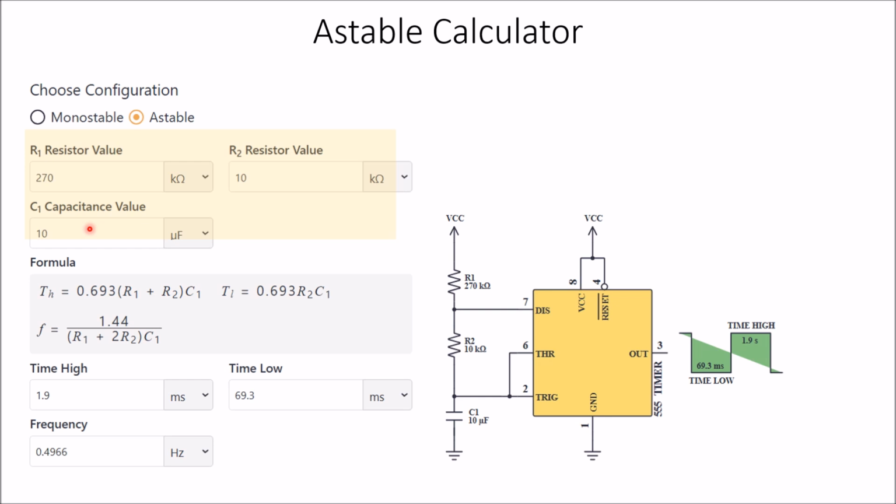And here, for example, it's 10 microfarads. So if you type in those three values, the calculator comes out with a high time of 1.9 milliseconds, a low time of 69.3 milliseconds, and a frequency of about a half a hertz. And over here again, there's a nice little graphic of the time that the pulse is low and the time that the pulse is high.